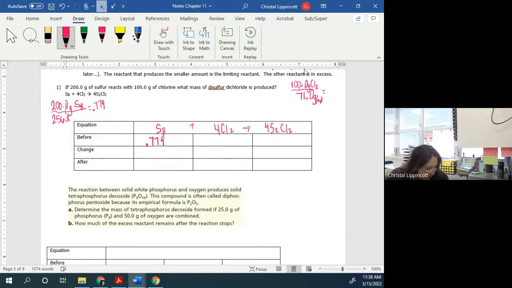And when I do that, I come out with 1.41. So I put that in my table. This is the division between my products and my reactants. My products, I don't start out with any.